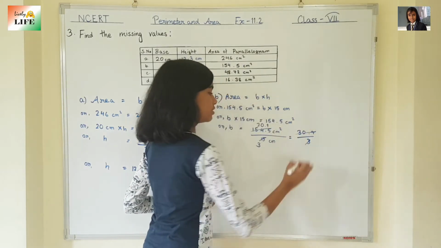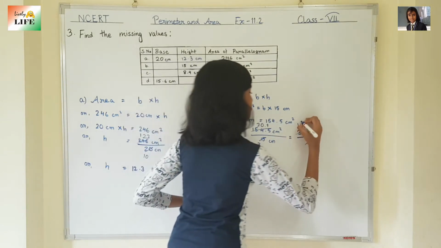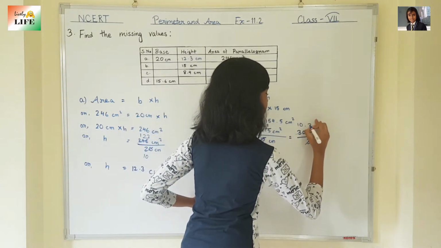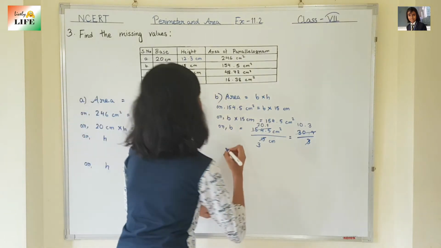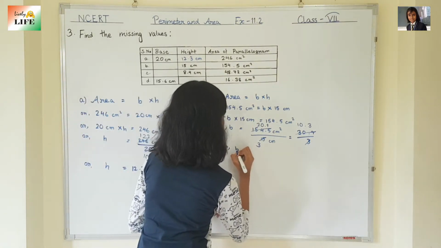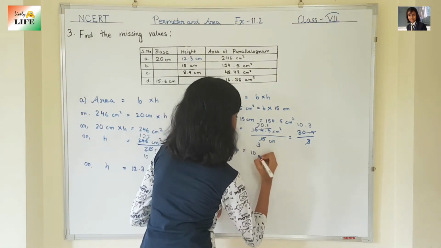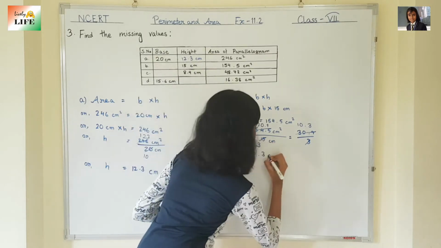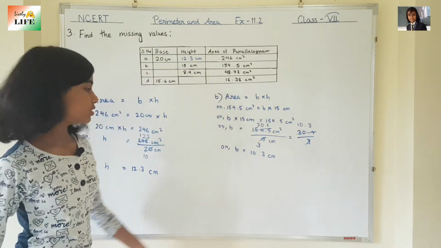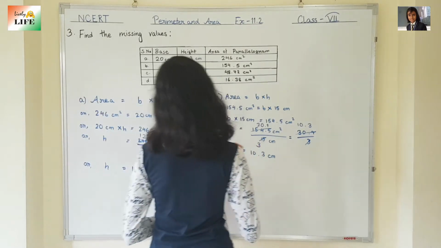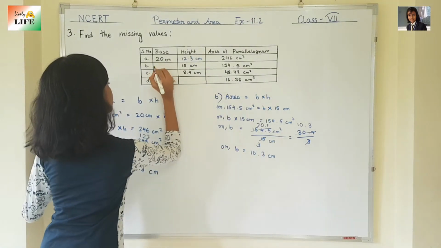So 3 ones are 3, then 0, then 3 threes are 9, or B is equal to 10.3, right? Centimeter, not centimeter square, it is centimeter. So this is the answer, 10.3.